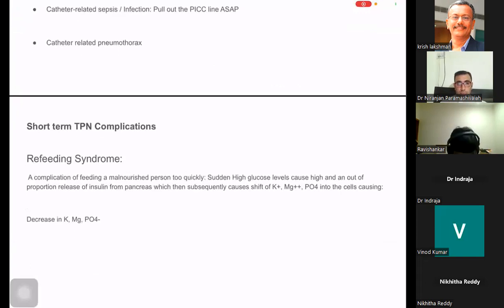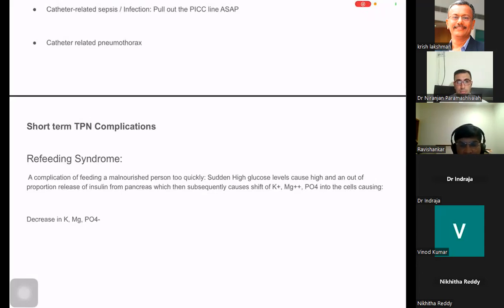Refeeding syndrome is a complication in a severely malnourished patient. When you start TPN at higher levels, it may lead to a sudden rise in glucose levels. It is not only TPN, either enteral or parenteral.